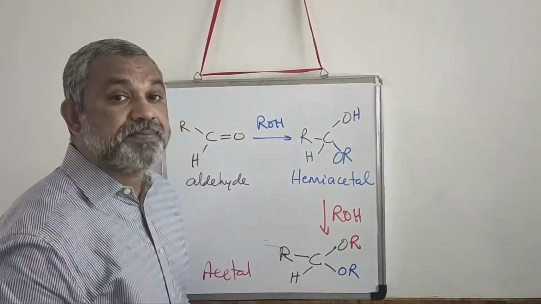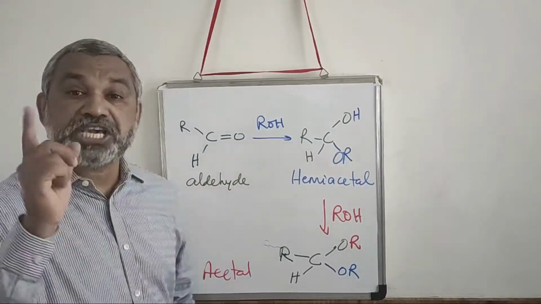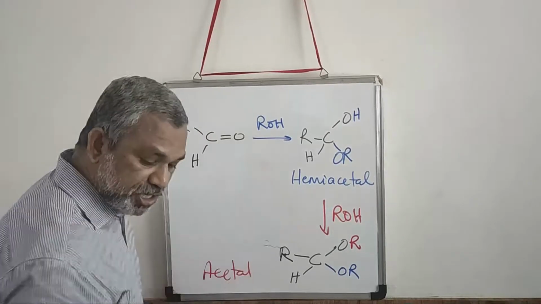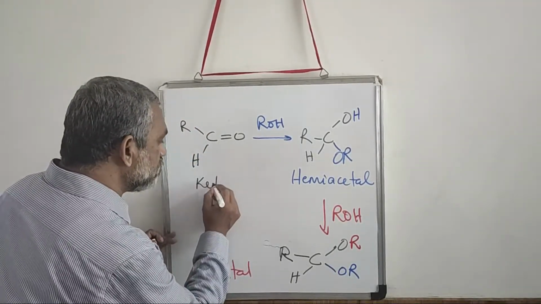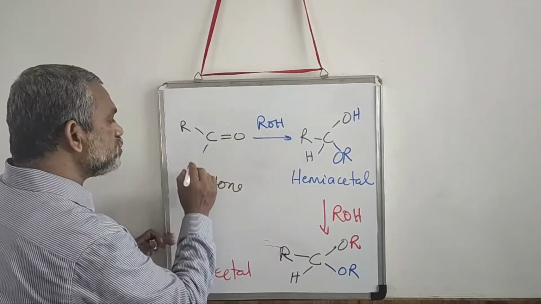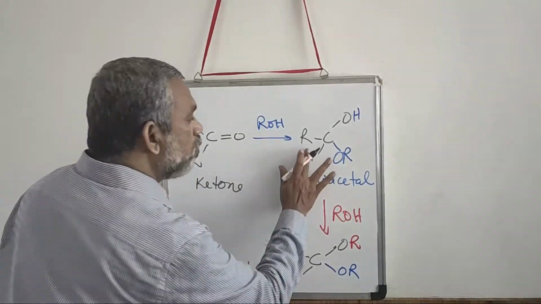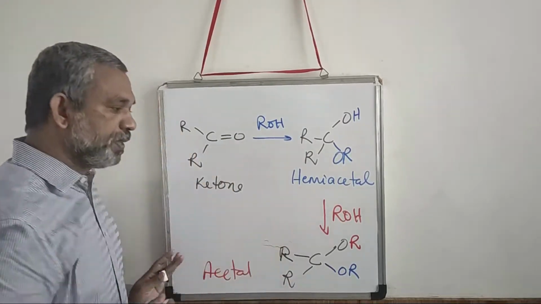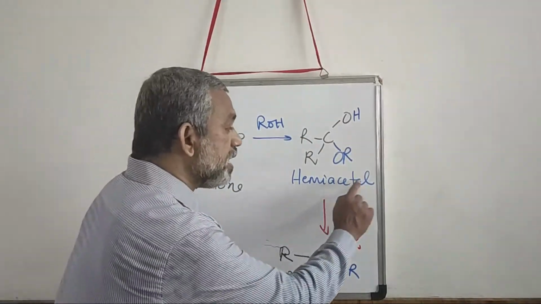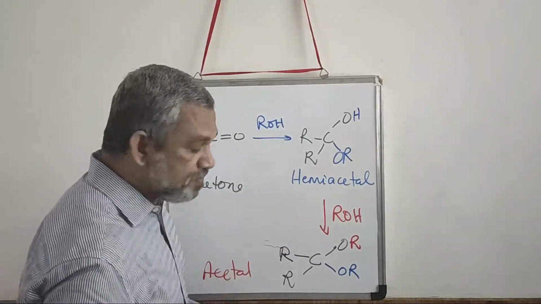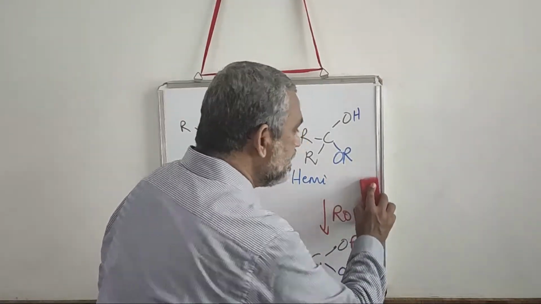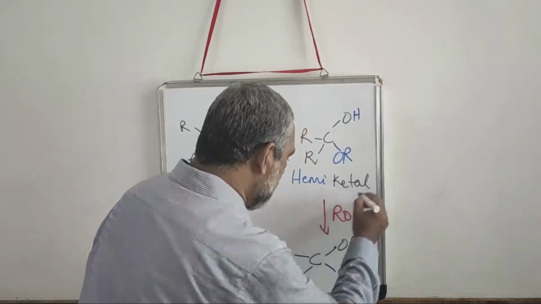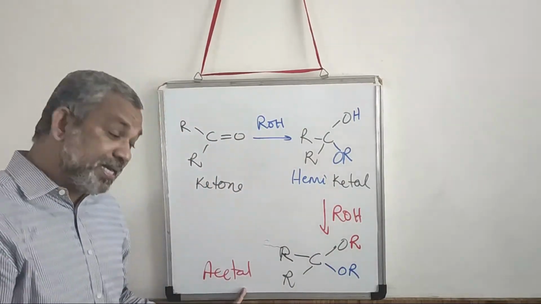The same thing can be applied if it were a ketose. If this were a ketone, what change will we introduce? This is going to be an R. The only change will be, this is R and this will be R. Instead of hemiacetal, it becomes a hemiketal, and similarly it will become a ketal.